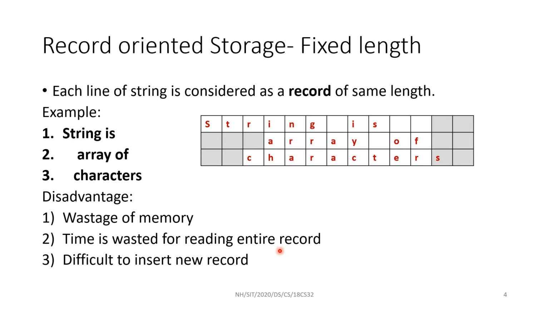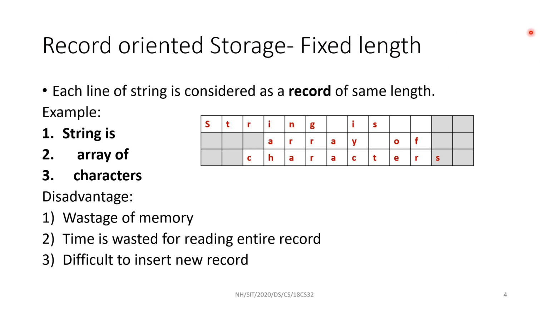Next, how to store string in memory. What are the different ways to store the characters of the string? Here, each of the lines is treated as a record. Suppose if you take a computer screen, we can have up to 80 characters, 80 columns. Once we reach 80 columns, we are going to display everything in the next row.